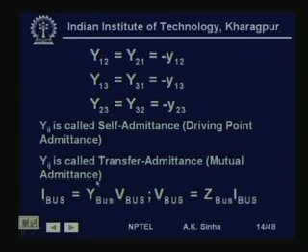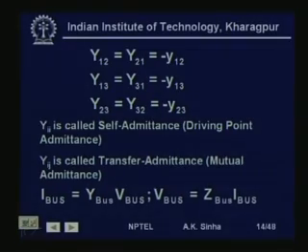The reason behind that is that Y bus is much easier to find or compute. We have seen how easy it is to compute Y bus for any system. Also, the other advantage is that Y bus is a very sparse matrix, because if nodes i and k are not connected, then Y ik is 0, and in a very large network, say a 1000 bus network, on average each bus will be connected to just 2 or 3 buses.